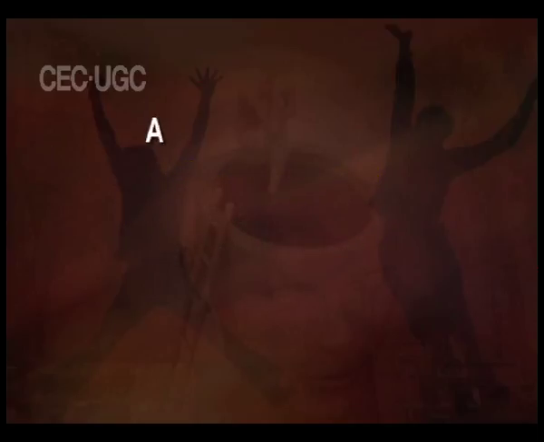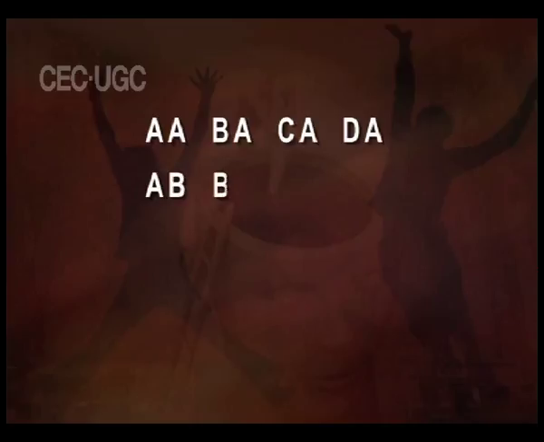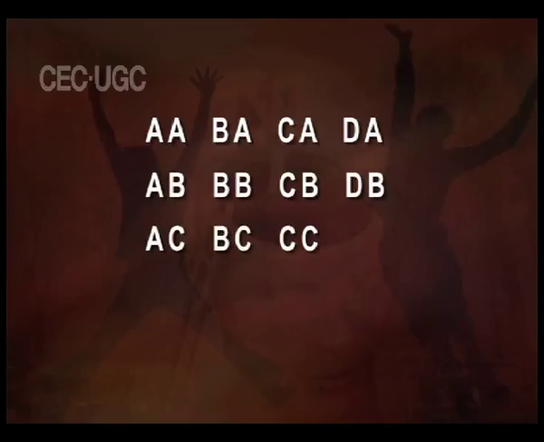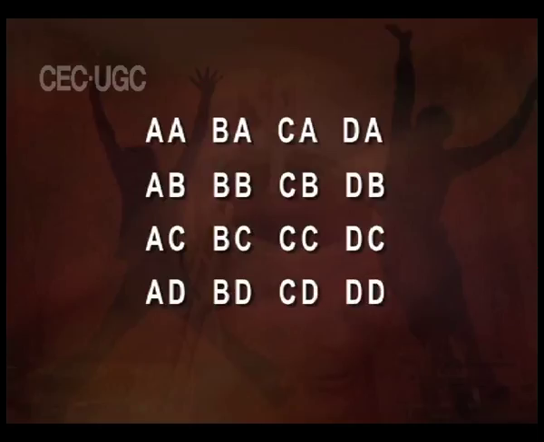We could have A and A, B and A, C and A, D and A, and B and B, C and B, D and B, A and C, B and C, C and C, D and C, A and D, B and D, C and D, or D and D as our sample.